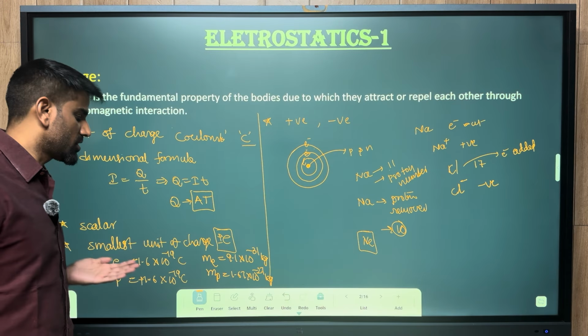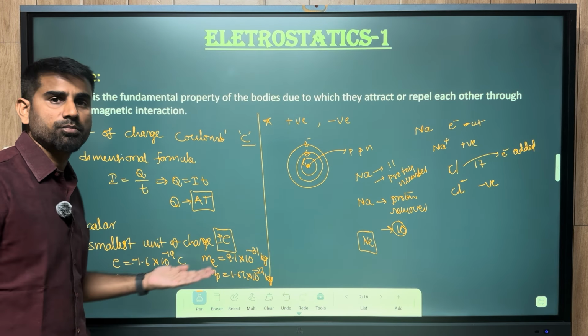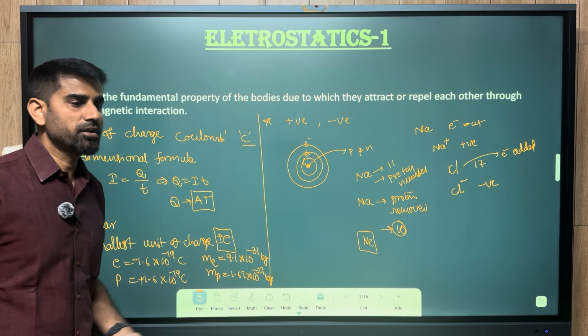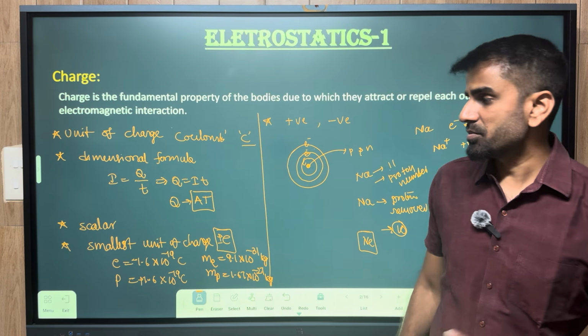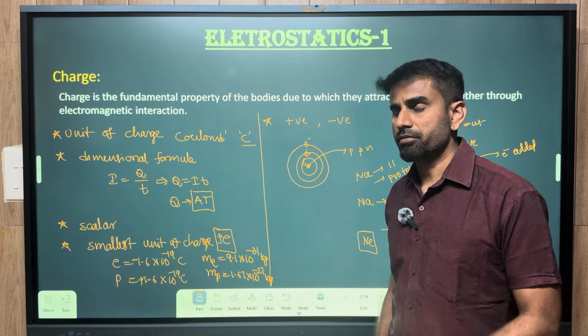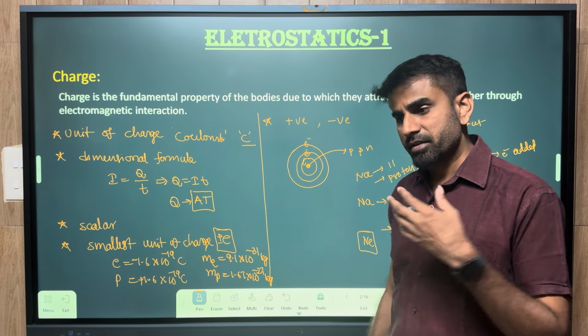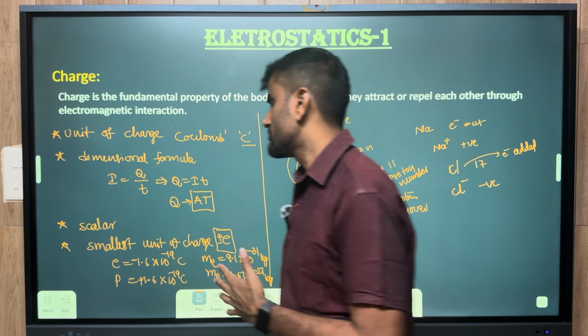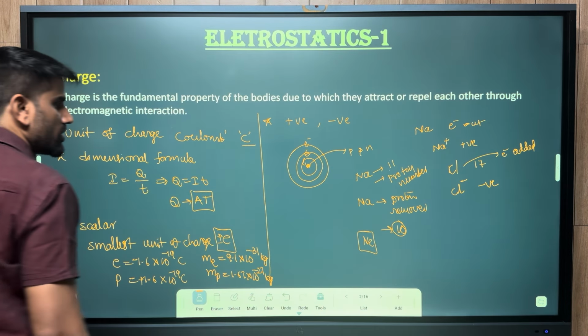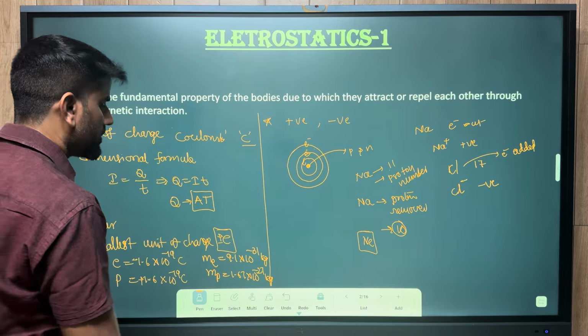In such cases you need to remember these numbers, because these are the fundamental numbers you may see in chemistry, physics. So these are the fundamental numbers which we need to remember.